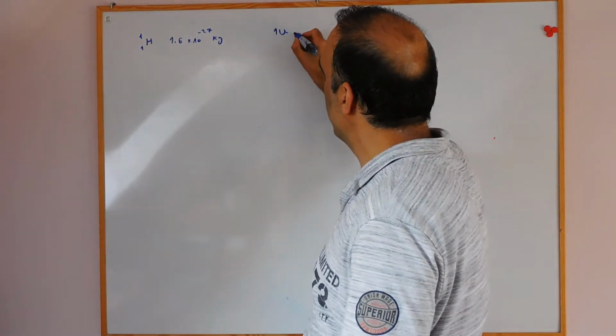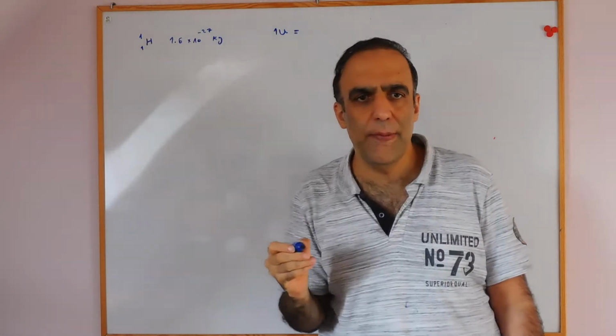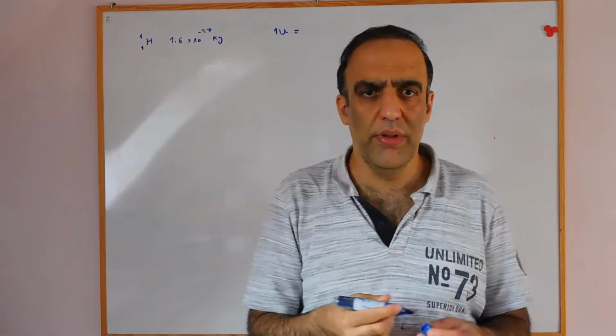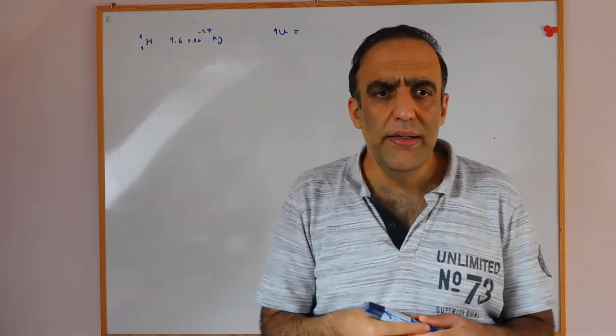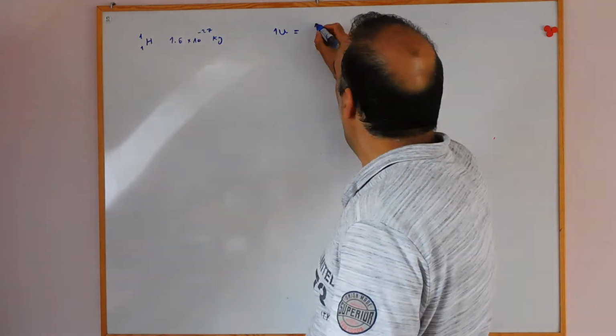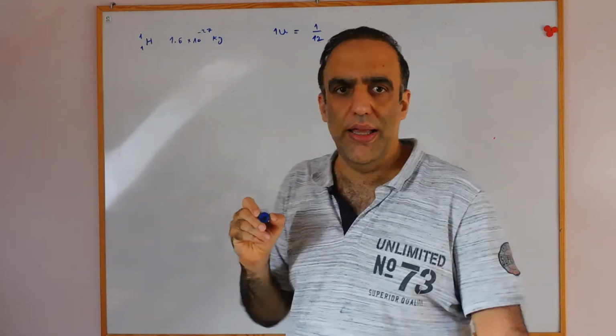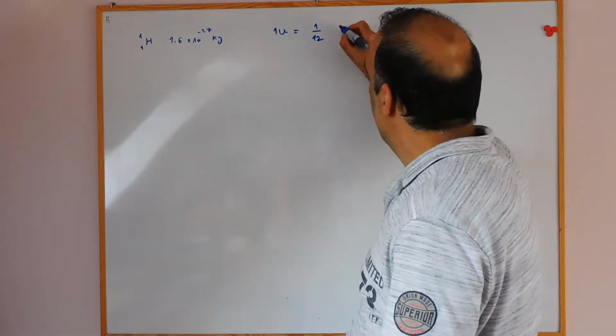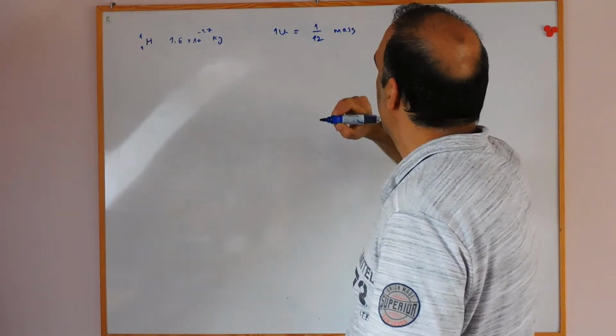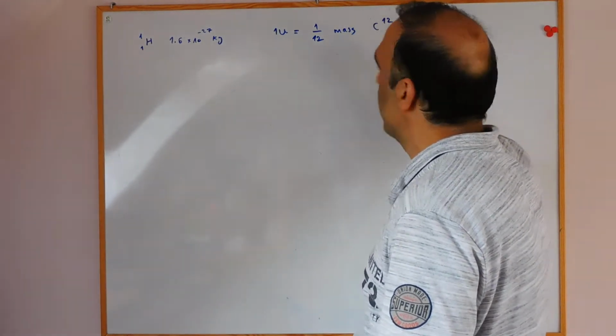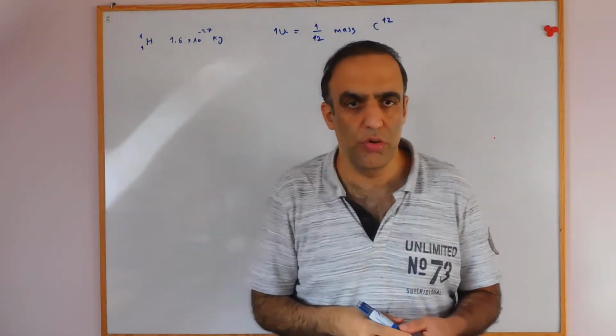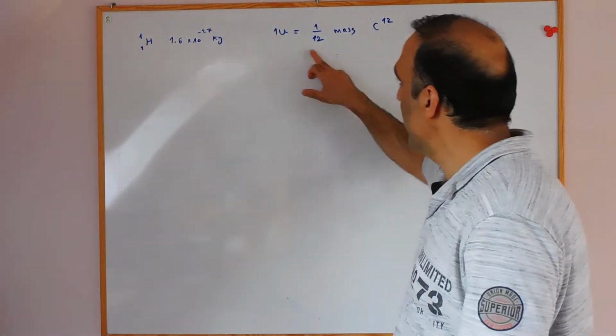One unit of atomic mass is equal to 1 over 12 of the mass of the carbon 12 isotope. As you see here, it is our unit.